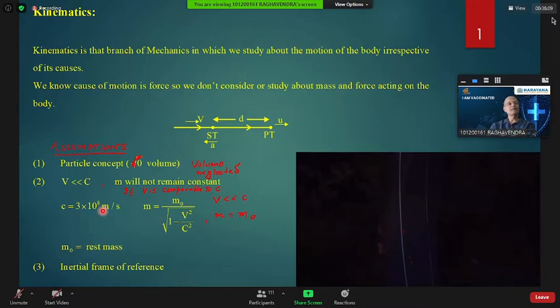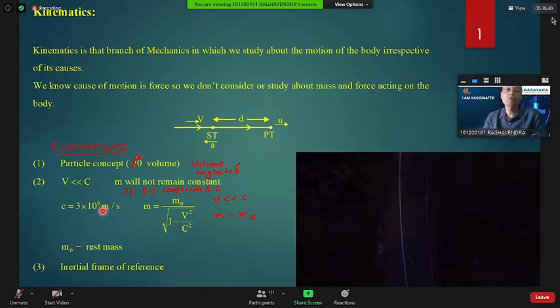So for the validity of Newtonian mechanics, mainly kinematics here, mass should not change. Mass will remain constant under only one condition, when v is neglected in comparison to c. So 10 meter per second, 20, 50, 100 meter per second can be neglected in comparison to 3 times 10 to the power 8, beta. So you are not finding any change in mass.